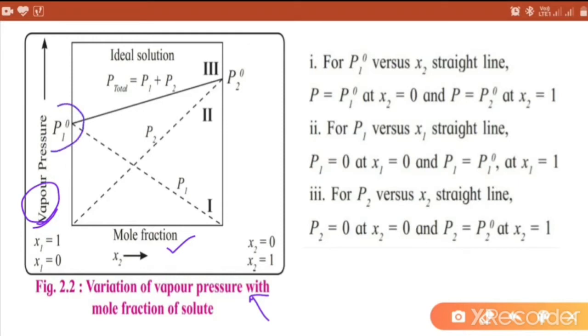When P1 is plotted against the mole fraction x2, this type of straight line graph is obtained. Initially the mole fraction of the first component is 1 and the mole fraction of the second component is 0.